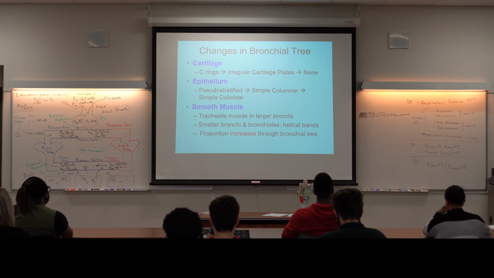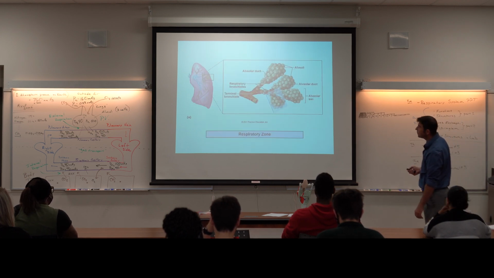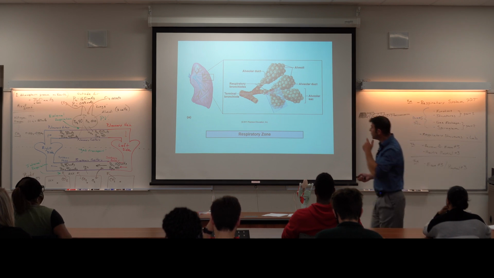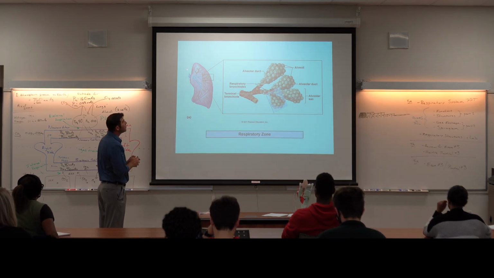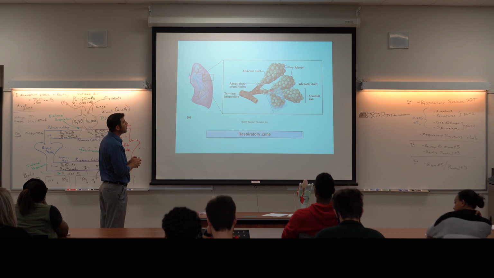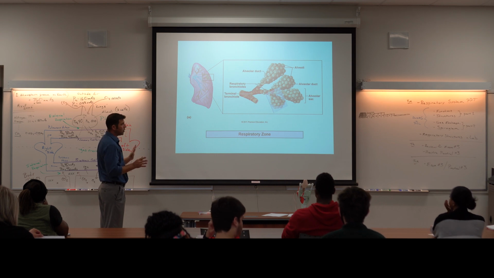Let me see if I can get a picture of this. I don't know that this is the best picture, but if we just think about the cartilage itself, there are C-shaped rings in the primary bronchi, and then those C-shaped rings give way to these irregular plates of cartilage. And eventually, when we get to these smaller bronchioles, there's no cartilage at all.